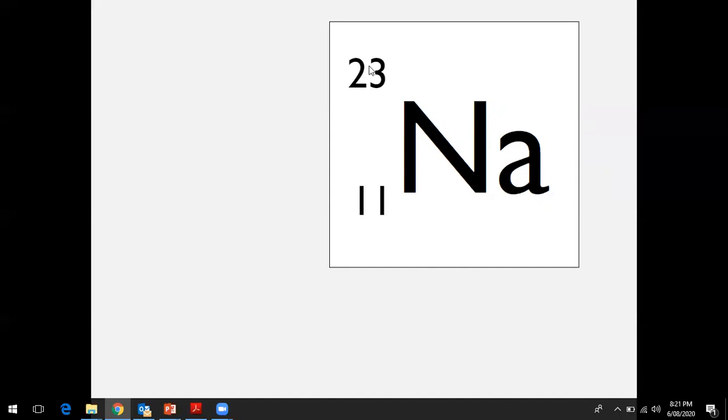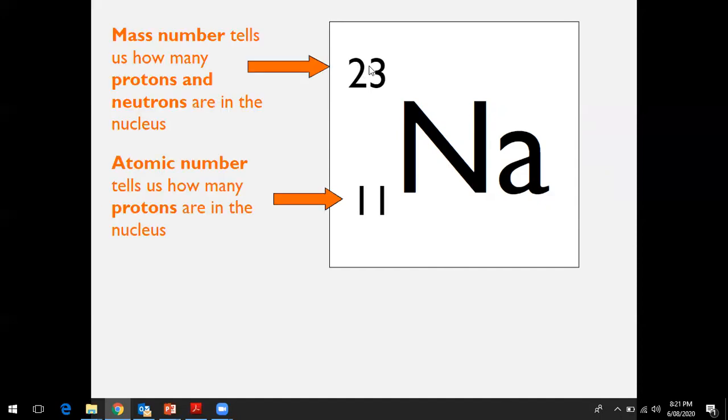So the top one is your mass number. And the bottom one is your atomic number. So the mass number tells us how many protons and neutrons in total are present in the nucleus. So if you remember the structure of an atom, in the center of the atom there is a nucleus.